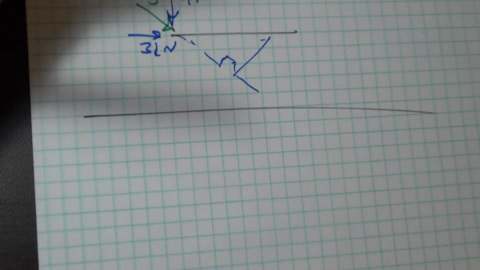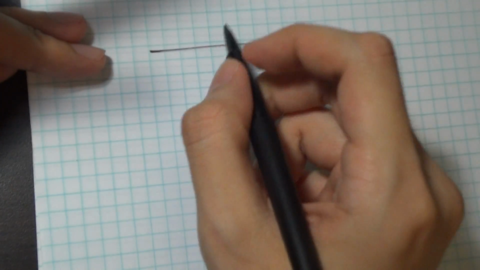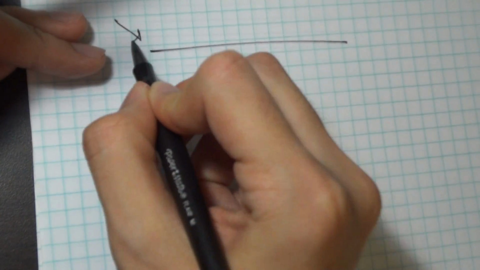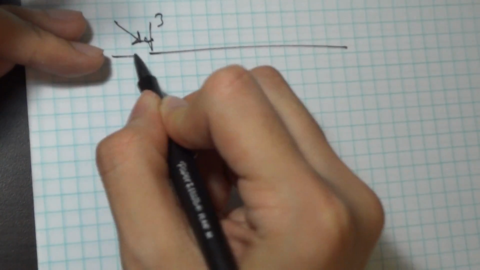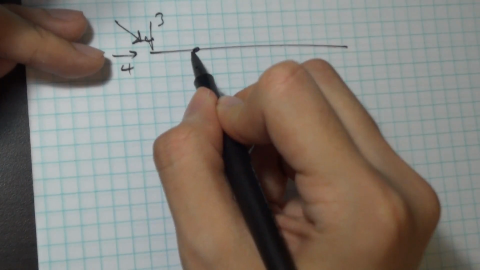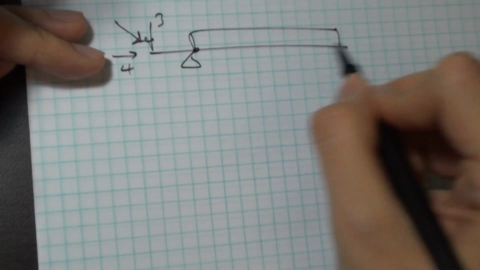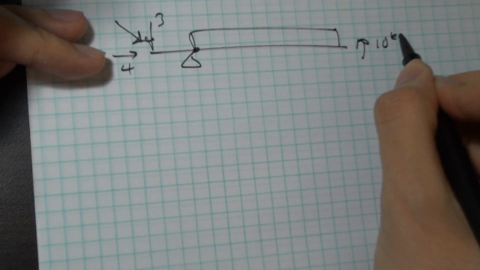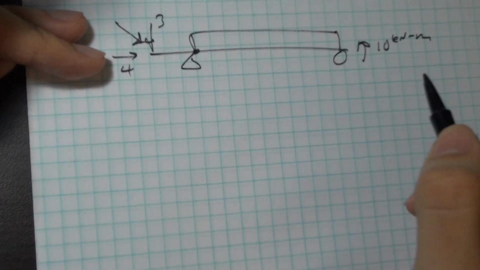If I'm going to find the reactions, I have my beam. I have a 5 kilonewton force, so this is 3, 4. This is B, and this is 10 kilonewton meters. This is a roller here.